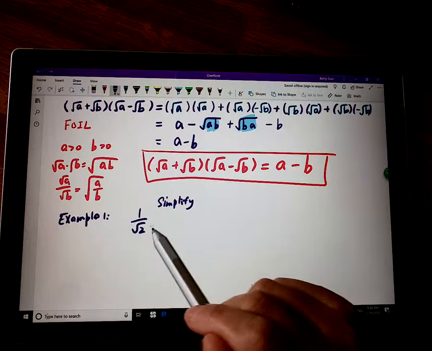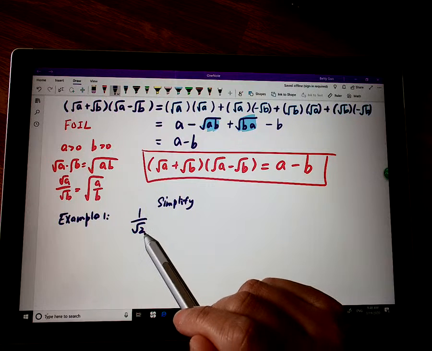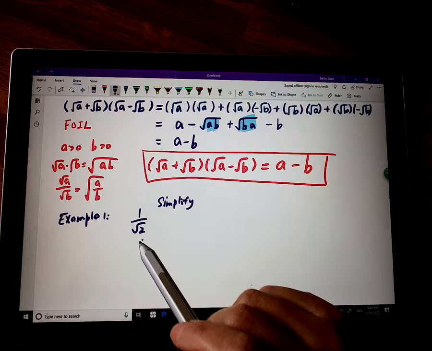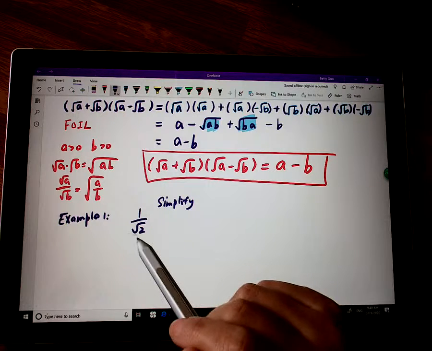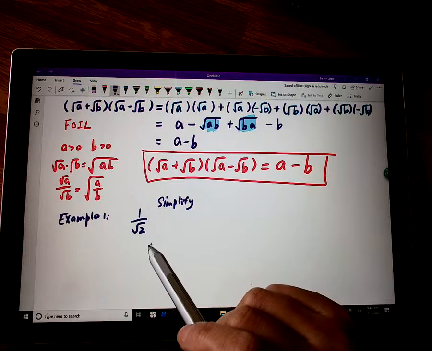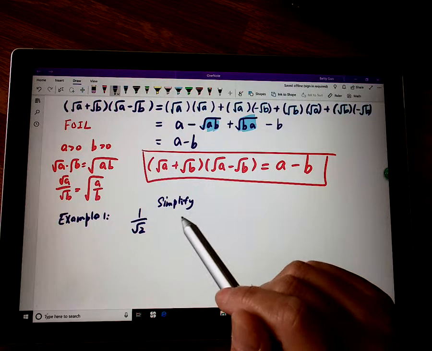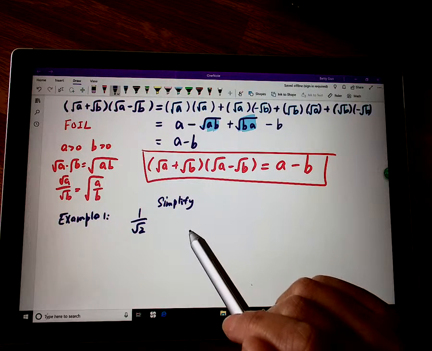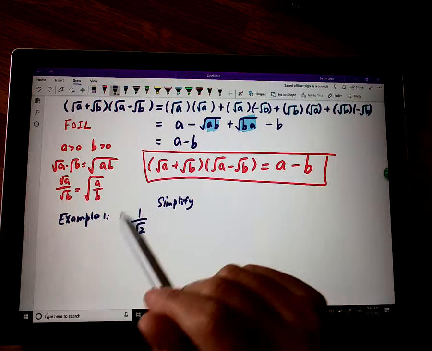A radical expression is not simplified if the expression has a radical in the denominator. So here, in order to simplify this radical expression, we see square root 2 on the bottom, right? We need to get rid of the square root from the denominator. That's the criteria we're going to try to meet.